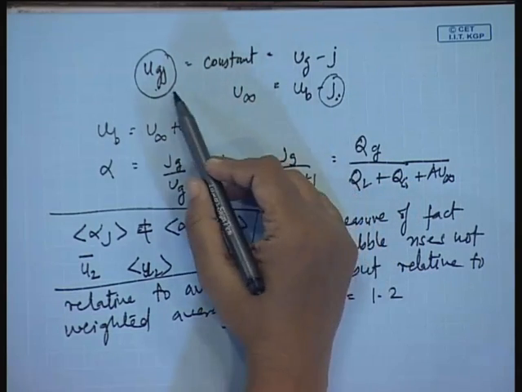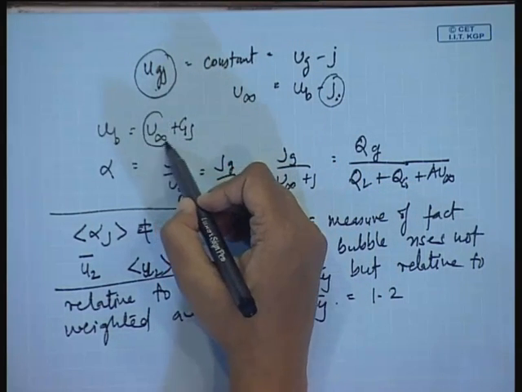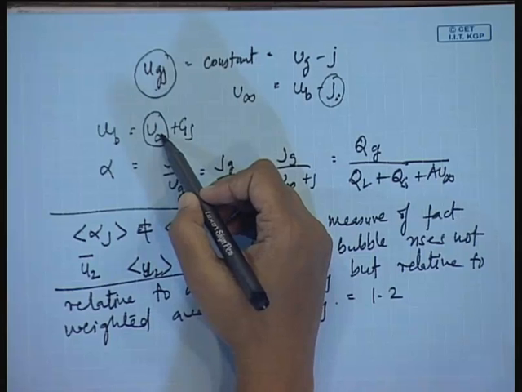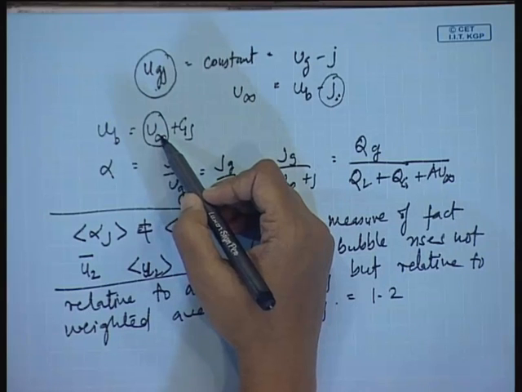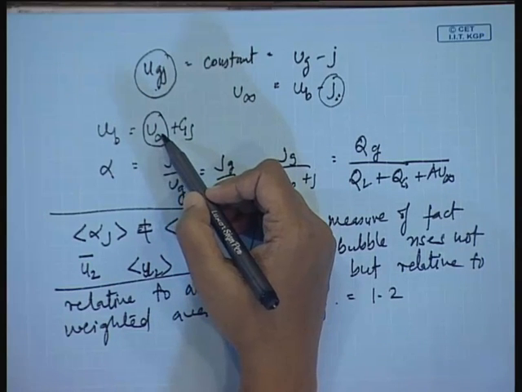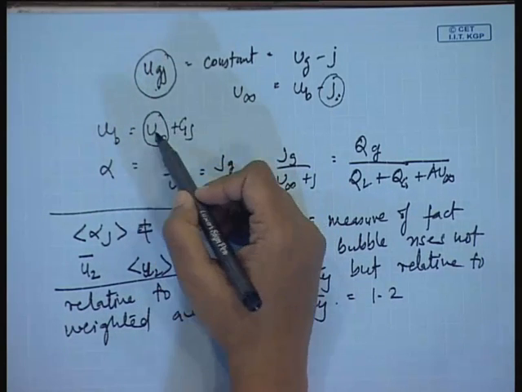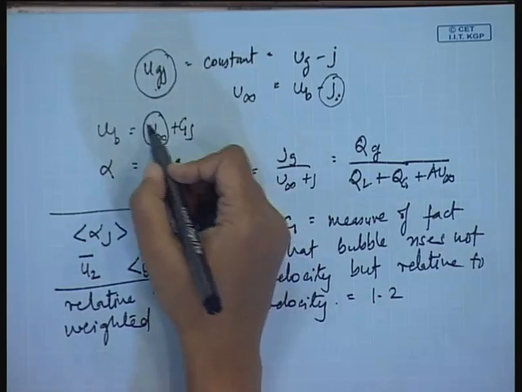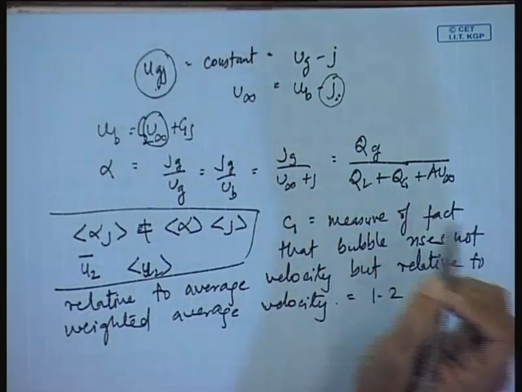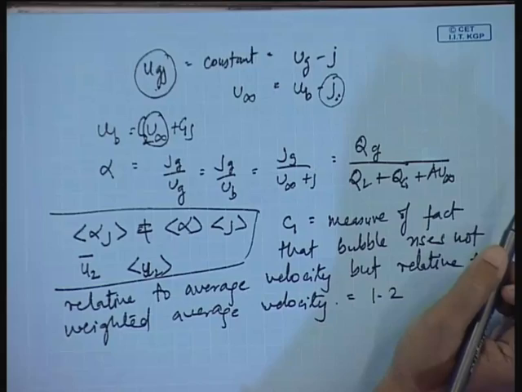Secondly, this particular U infinity may not be applicable for the present situation, for a number of bubbles flowing one above the other, and there is a wake effect of the bubble. So this also has to be corrected for an accurate expression of UB. This is corrected by a particular correction factor, say C2.